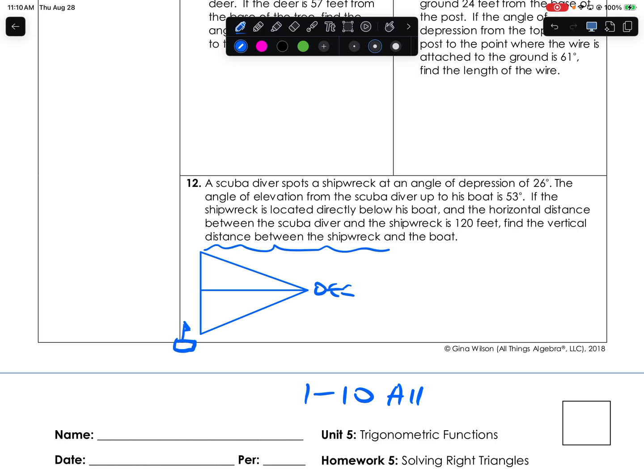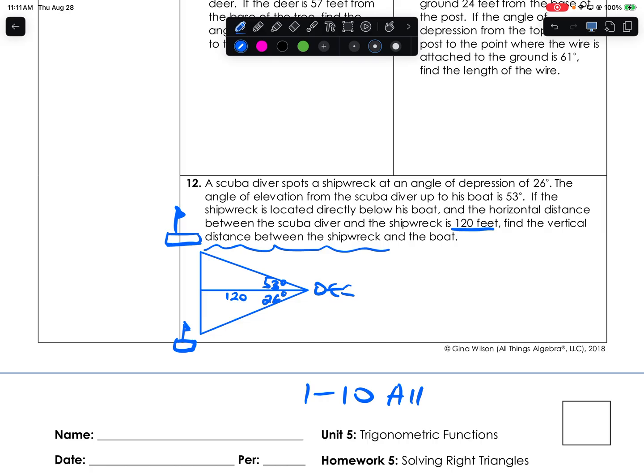And your dive boat's up here above the water. Okay, so they tell us that this distance right here is 120. They tell us that when the scuba diver looks up at the boat, it's 53 degrees. Looks down here, it's 26 degrees.